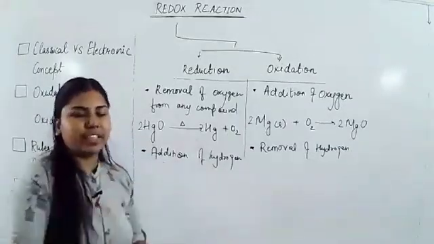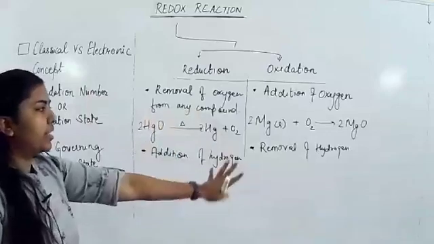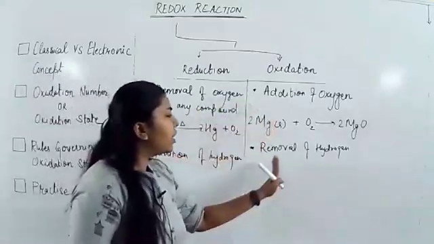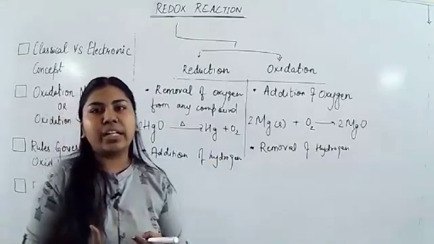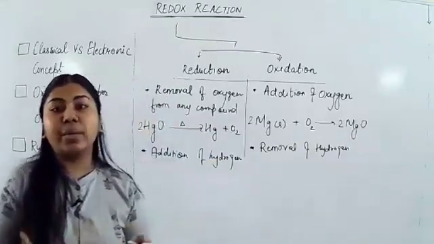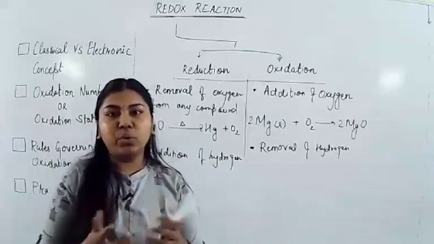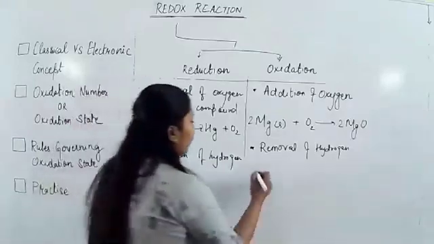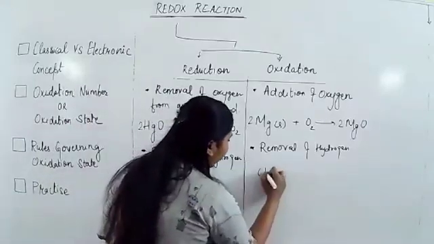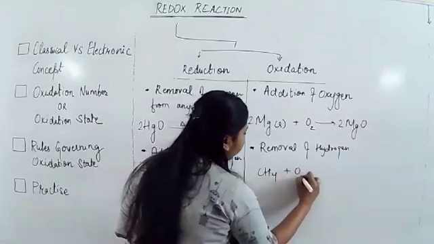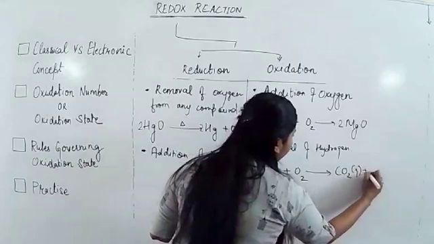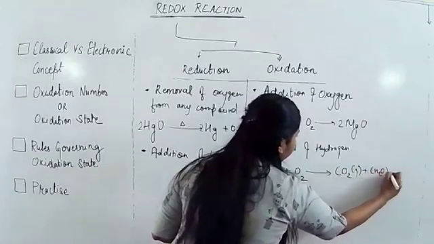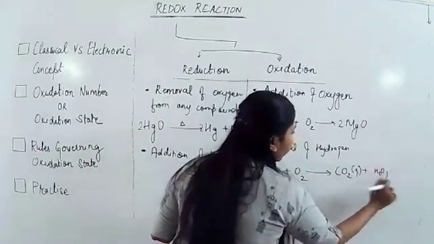Let us see another example connecting to these definitions. Let us go with oxidation first. Oxidation means removal of hydrogen. Think of something where the hydrogen is getting removed. So I am giving you one fuel, methane. You know that CH4, in presence of oxygen, if I am burning it, I am getting carbon dioxide and water, isn't it?